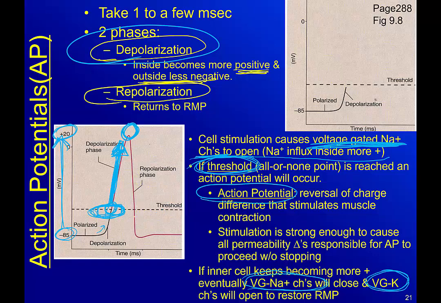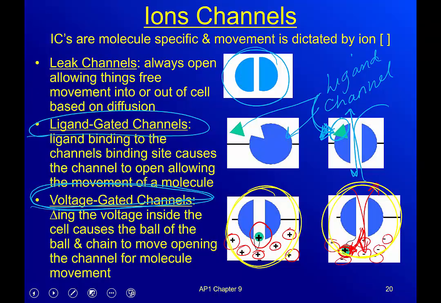Remember what I said about I get up to the top up here, and then I come back down to my resting membrane potential. This is because of potassium, specifically voltage-gated potassium channels.